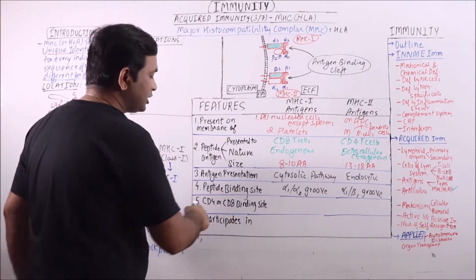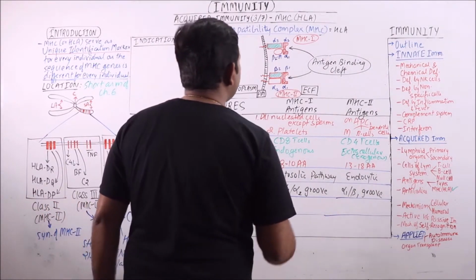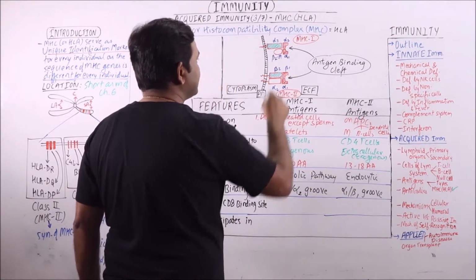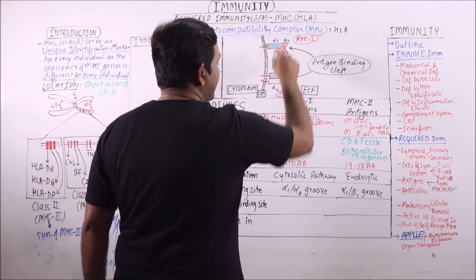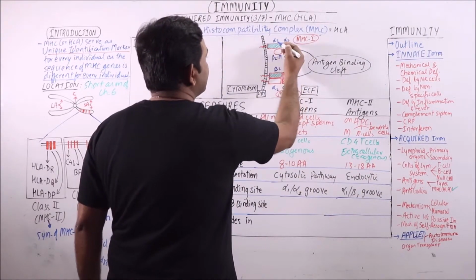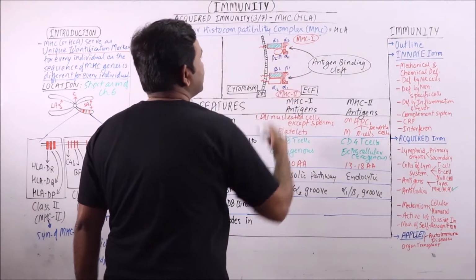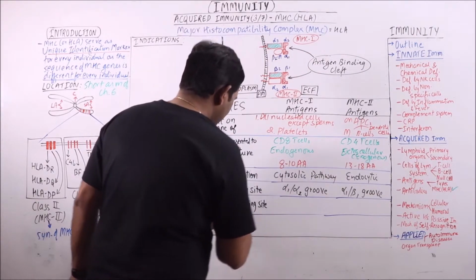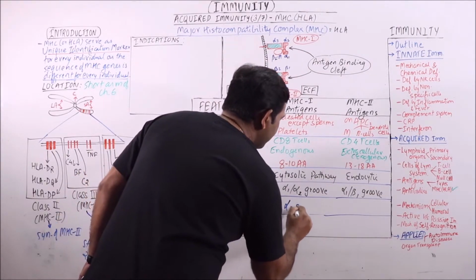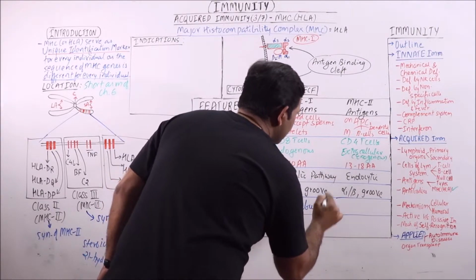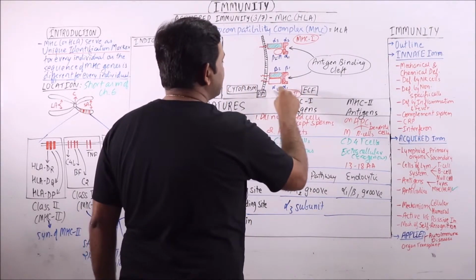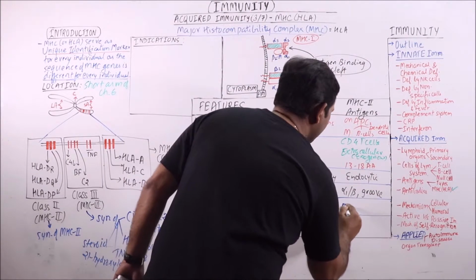Now the CD4 or CD8 binding site. In this case, the CD8 binding site will be there. This green shaded region is basically the alpha 3 subunit. In the case of MHC class 2 molecule, it is the beta 2 subunit.